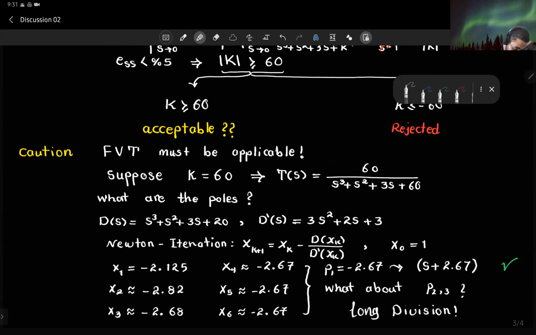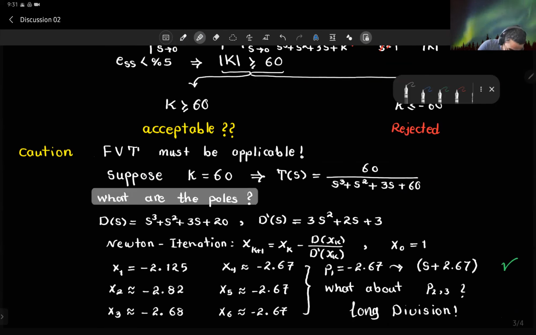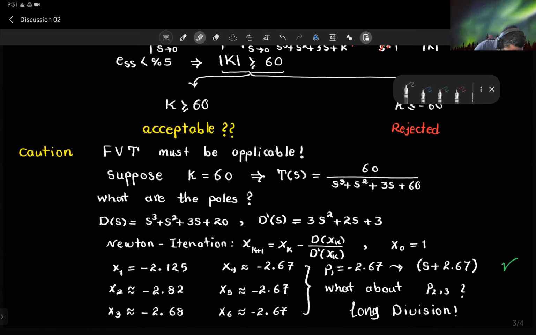So we want to find the poles of the closed loop transfer function, which are the roots of this polynomial equation, right? To do that, of course, you can use MATLAB or a calculator, but I'm just going to teach you a way that Dr. Marco is probably going to use later on.